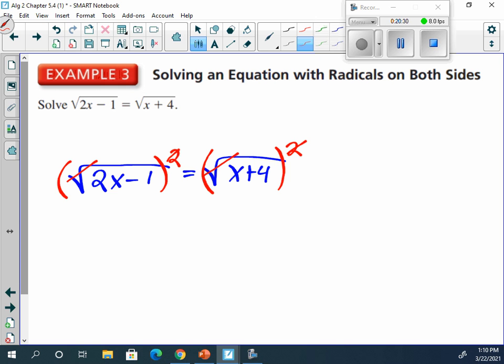And this works really well when we just have a radical on either side. That leaves us with 2x minus 1 is equal to x plus 4. Because when I have one radical on either side, I can square both sides of the equation, and the radicals go away.